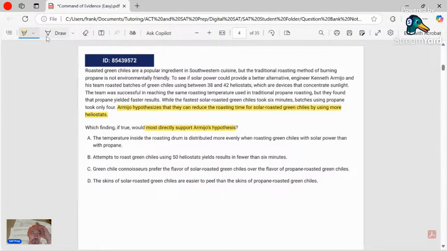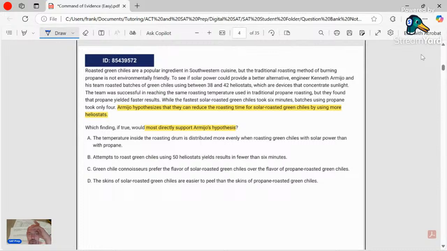Okay, whatever. They can reduce the time by using more heliostats. What's a heliostat? Maybe we need to know that. It says, to see if solar power could be a better alternative, engineer Ken Apple and his team roasted batches of green chile using heliostats, which are devices that concentrate sunlight. Okay, so it's a kind of solar gadget.